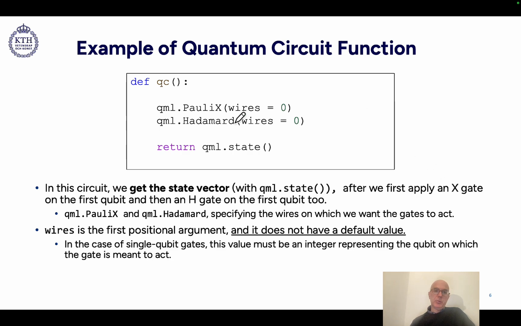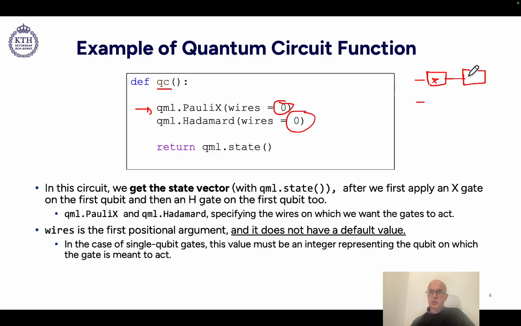In this case, we want to define a function called QC, and then define a number of transformations on the quantum system. We're going to have 2 qubits, and we apply a Pauli X quantum gate here on qubit 0, or wire 0, and after that we apply another gate.